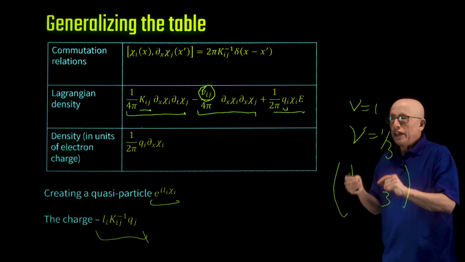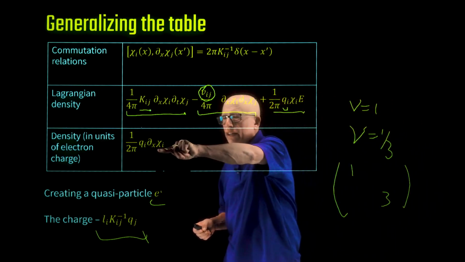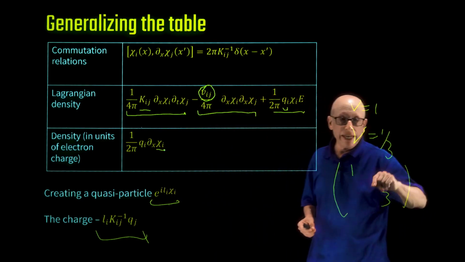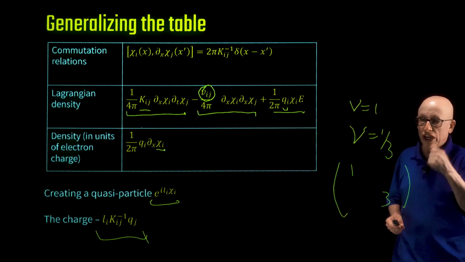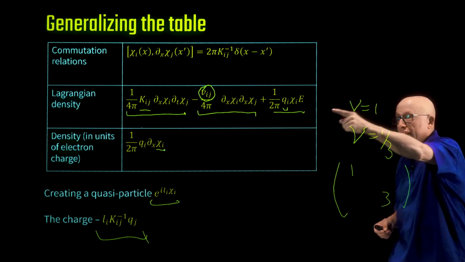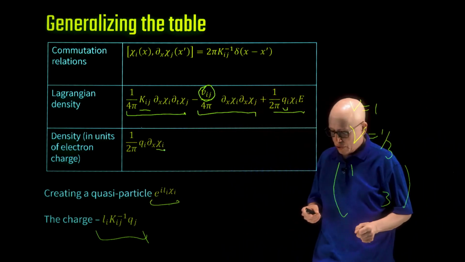If we normalize our fields chi in the way that we did before, meaning a 2 pi soliton is an electron charge, then the matrix Kij is an integer valued matrix.